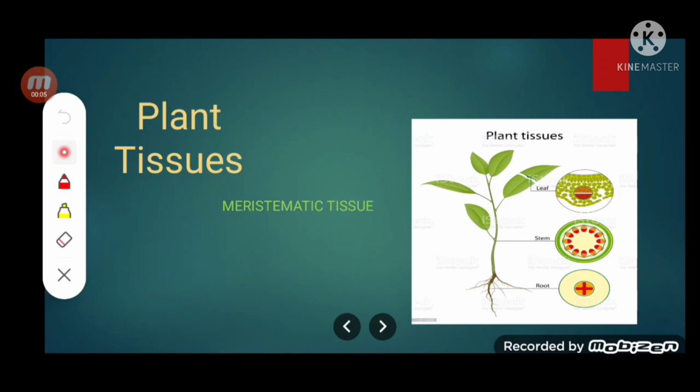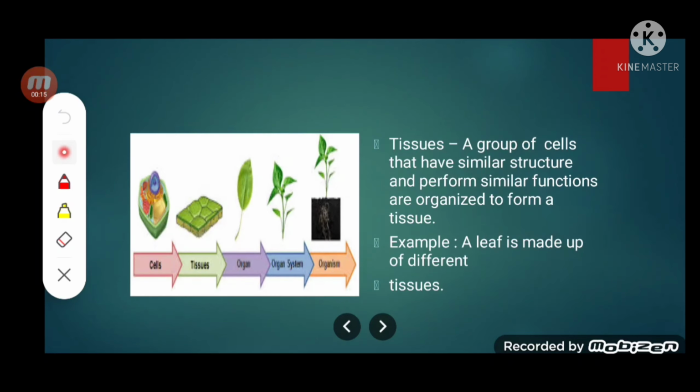So in today's class we are going to study plant tissues, in which we are going to study meristematic tissue. Previously, in organization of living beings, we have seen that when similar kinds of cells, meaning cells which are similar in structure and function, join together and form a group, they form tissues.